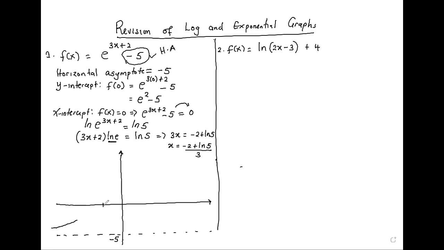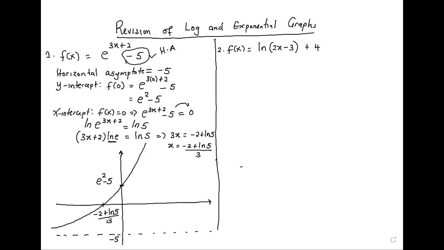So the graph goes up, meaning that this is e squared minus 5, and then -2 plus ln 5 over 3. That's how the graph of the exponential is going to come out. Is that okay?